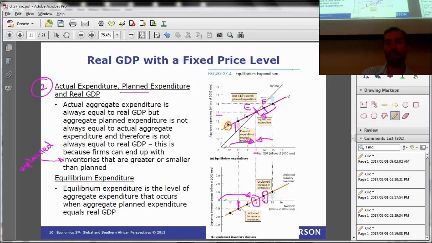An increase in output means a movement upwards to the right along the aggregate expenditure curve. And we continue to move rightwards up along the aggregate expenditure curve, producing more and more, until we get to the point of equilibrium, the intersection. At the intersection, once again, firms no longer have any unplanned changes in inventories. Everything they produce is what they sell.